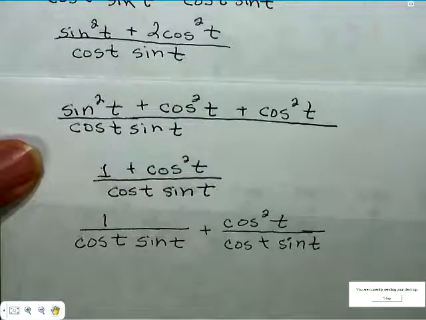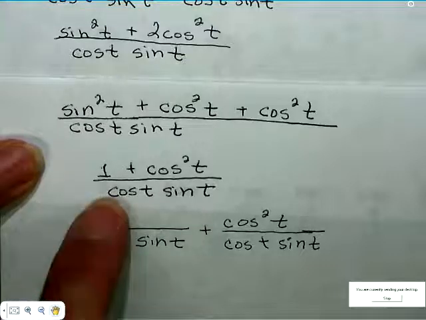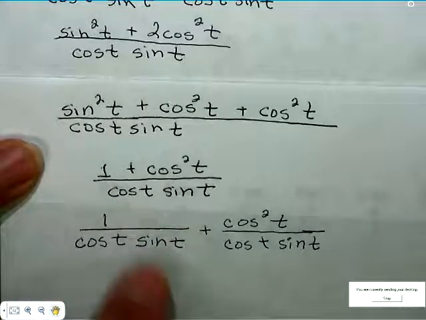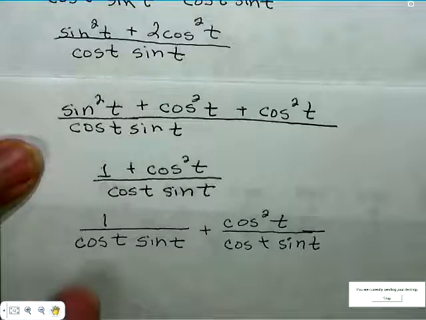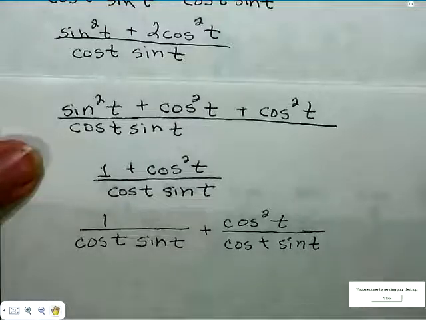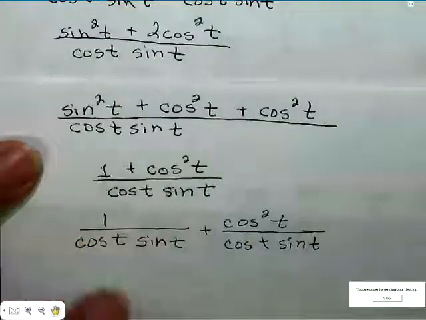Yep. I like it. That's different than I did, and I really like it. This 1 over cosine sine can be taken apart into 1 over cosine times 1 over sine. You can skip baby steps as long as I can follow your logic all the way through. I don't want to rewrite the whole thing just to split the 1 over cosine times 1 over sine.